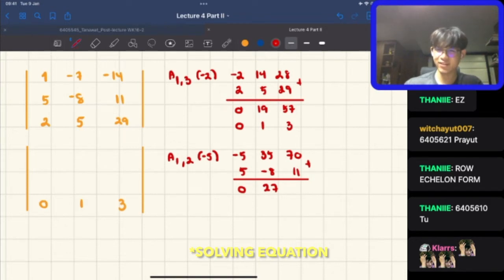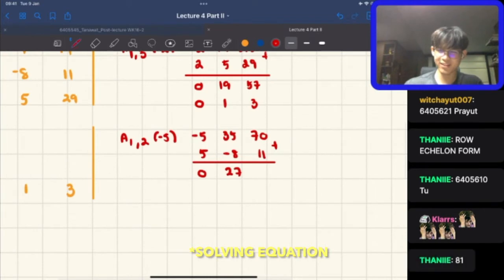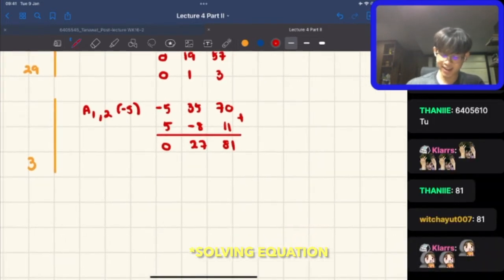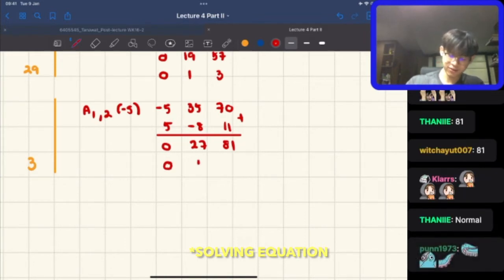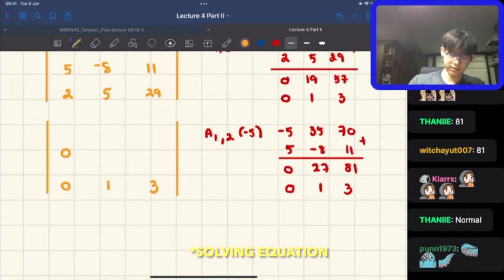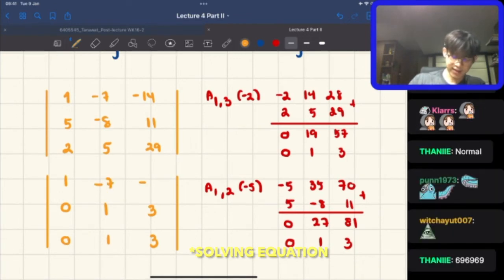What's the answer? I'm waiting for you. The last one. 81. Oh, thank you, Mr. Thanphisit. That's correct. And I see that 81 can be divided by 27. That says now we got 0, 1 and 3. And the first row 1, -7 and -14.